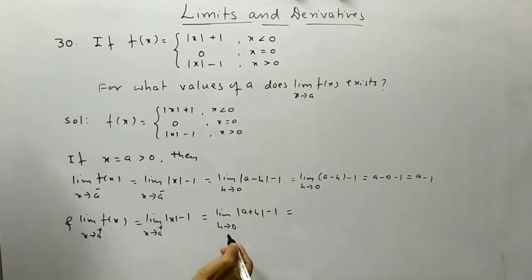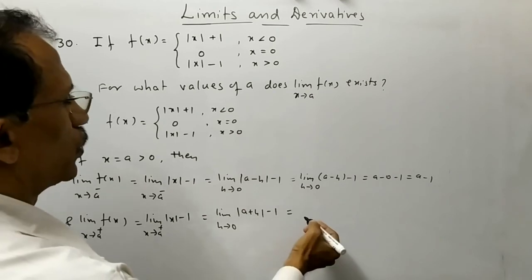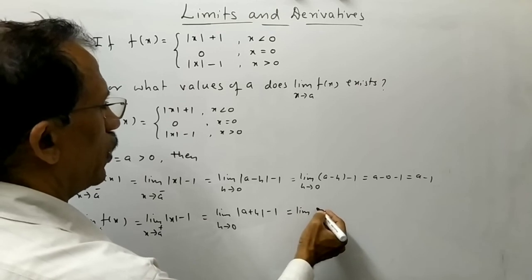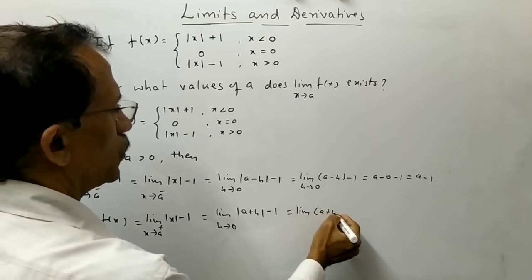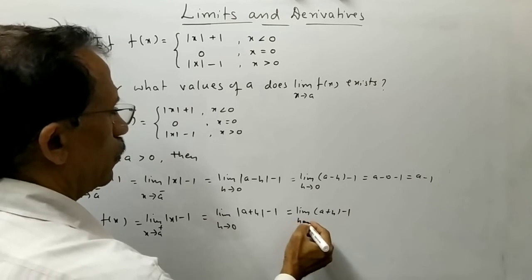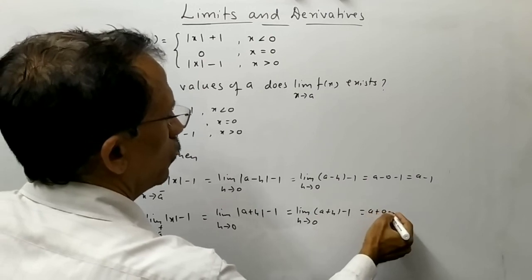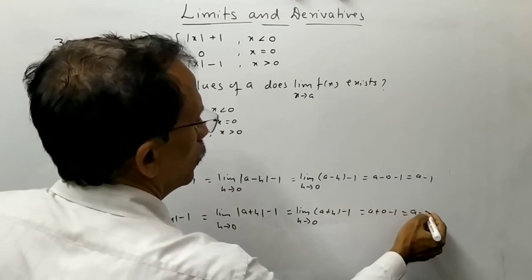Again you can take one value right of a, that is 1. If you take 1.5 plus some positive number, a plus h will be positive only. Because of that we can write a plus h as it is. The limit of a plus h minus 1 when h tends to 0 is equal to a plus 0 minus 1 is equal to a minus 1.